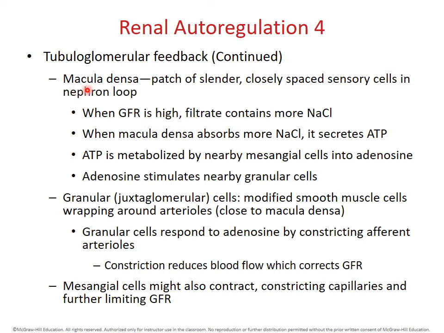So first we have something called the macula densa. The macula densa is a patch of sensory cells that essentially sit on one side of the junction between the loop of Henle and the distal convoluted tubule. All right, so it says here that they're in the nephron loop, but they're really in that transitional zone, again, between the loop of Henle and the distal convoluted tubule.